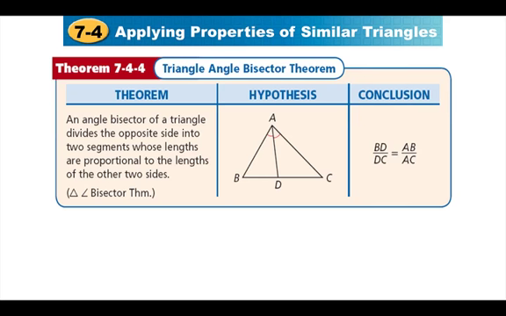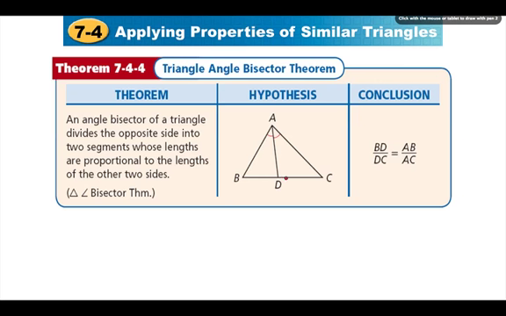This is another theorem, the triangle angle bisector theorem. This is what it says. An angle bisector. So here's your angle bisector. It divides this angle into congruent angles. An angle bisector of a triangle divides the opposite side into two segments.